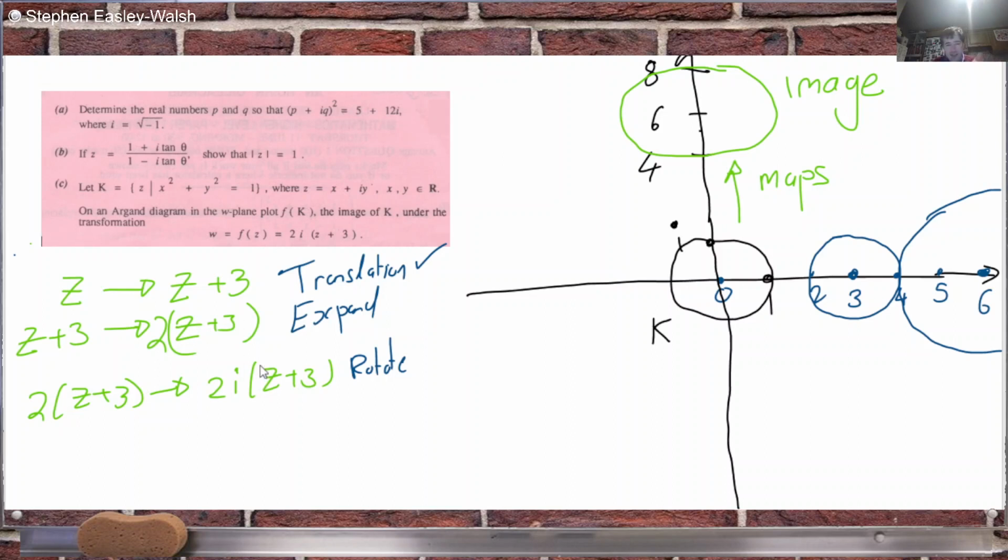Hopefully I did those 3 manipulations correctly. Move it to the right, then it expands, and then rotates. Yep. Okay.